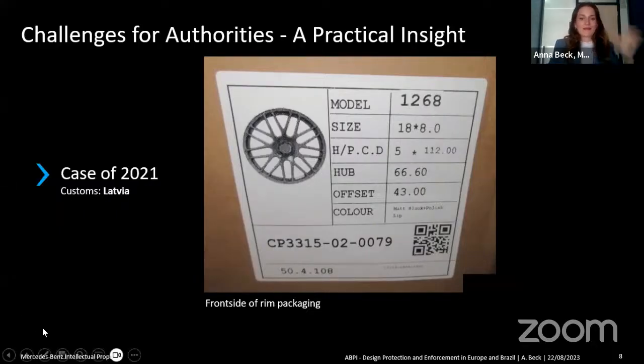And you can now ask yourself, what would you do if you were working at customs and you would inspect this box? Would you Google one of these numbers, or would you just open the box and hope to find more details inside? Or probably you would check further shipping documents. I'll show you what's inside of the box on the next slide.